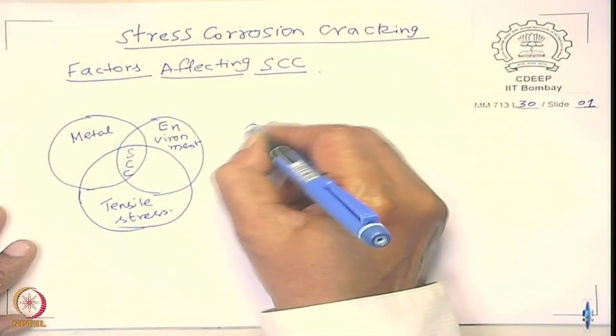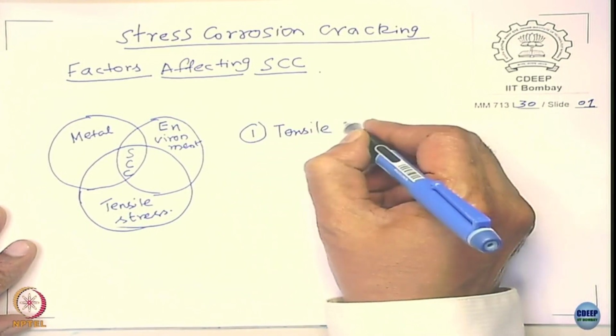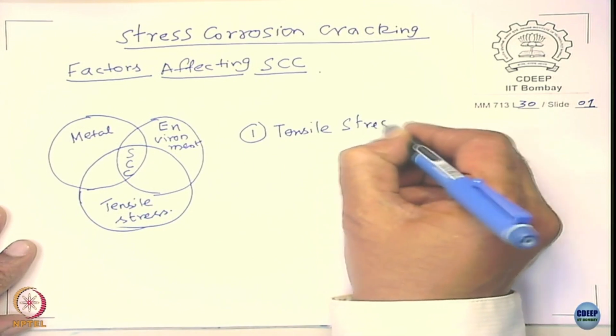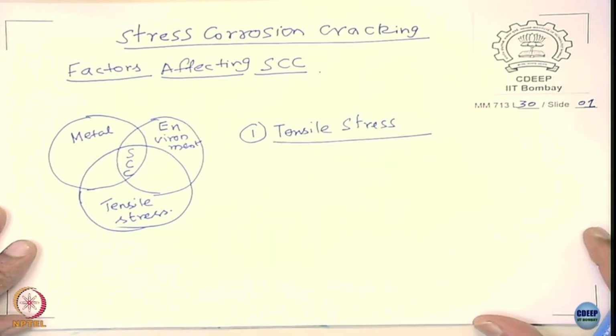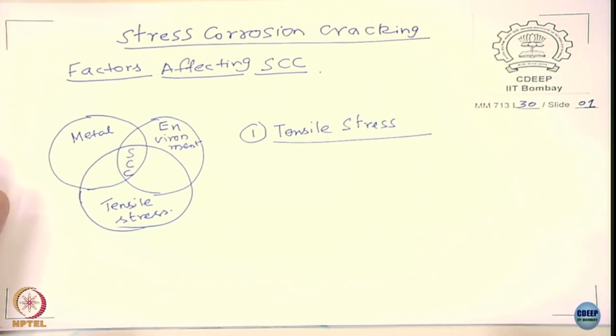And let us start with the tensile stress. Please notice that we are not talking about fatigue, we are not talking about compressive or torsion, right, we talk about the tensile stresses. The tensile stresses acting on the material can be classified into two categories.